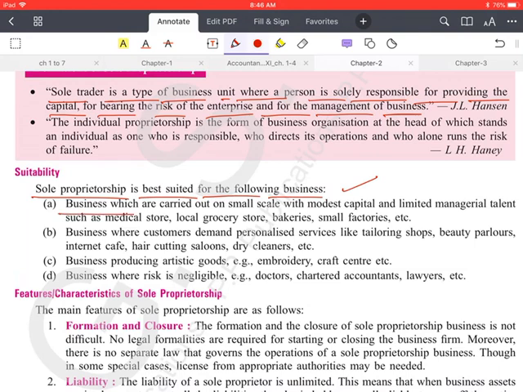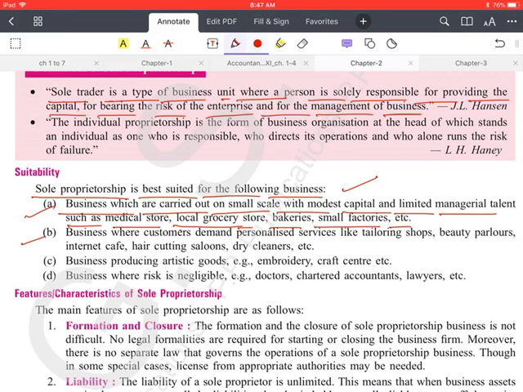Number one, businesses which are carried on a small scale with modest capital and limited managerial talent, such as medical stores, local grocery stores, bakeries, small factories, etc. Means the businesses in which small capital has to be invested and limited managerial skills are required. In that type of business, the sole proprietorship form is suitable.